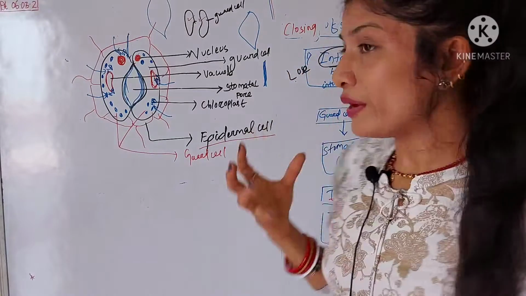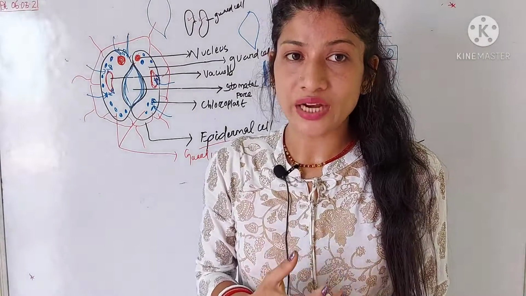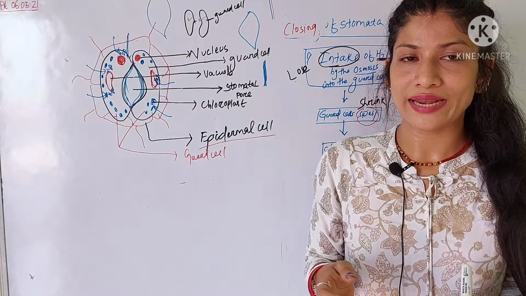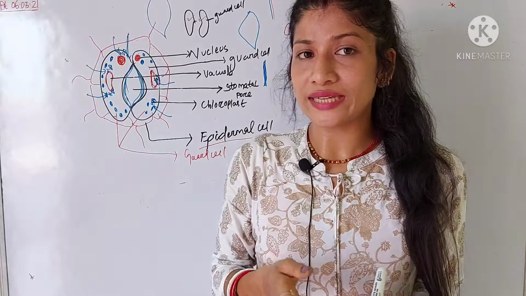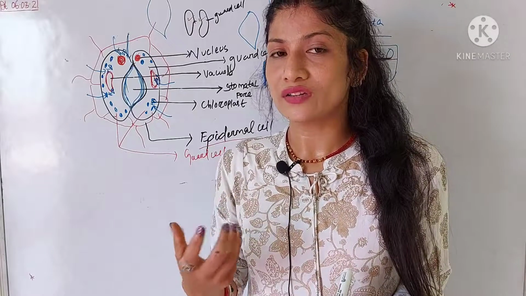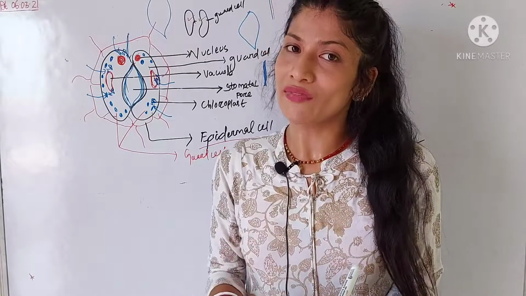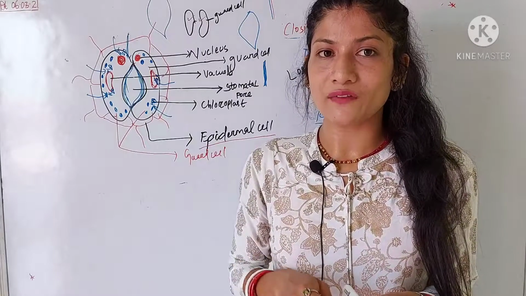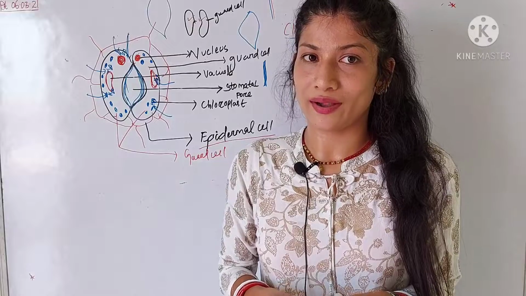In the opening, it becomes turgid, whereas in the closing, it becomes flaccid. Finally, after the turgid state, the stomata open. After the flaccid state, the stomata close. So this is the mechanism of opening and closing of stomata.